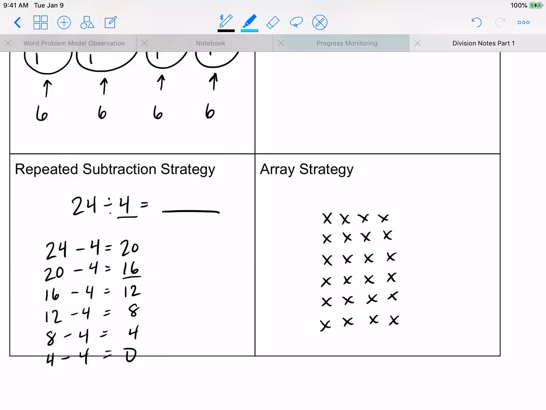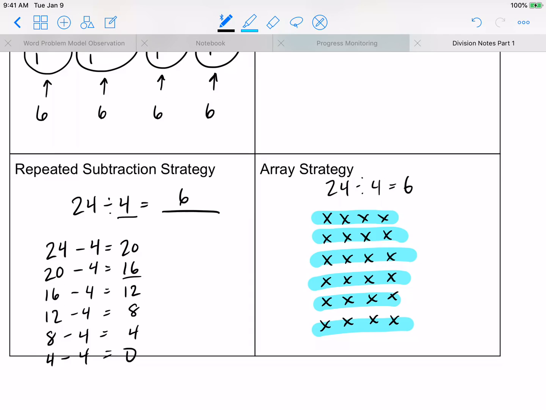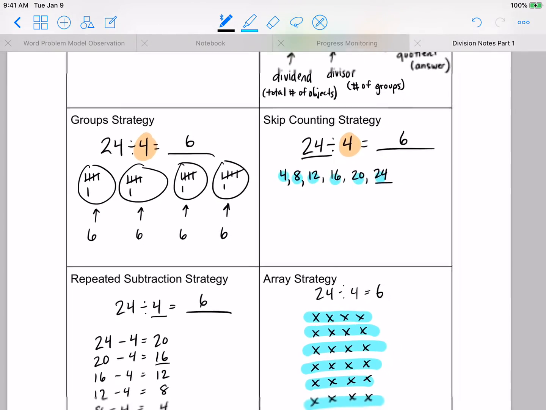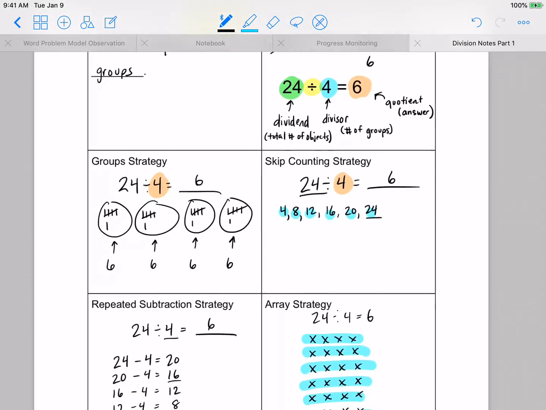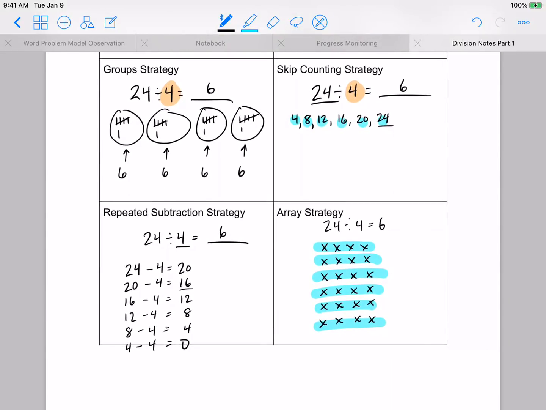So how many groups of 4 do we have? We have 1, 2, 3, 4, 5, 6. So 24 divided by 4 equals 6. So I want you to practice all of these strategies and list all these strategies down so you can have them to look at later on when we review, as we continue to learn division, and then we can understand how division is related to multiplication.